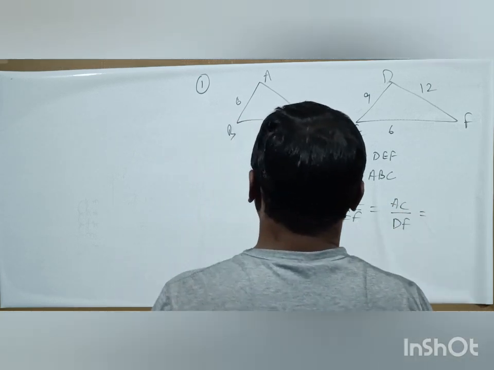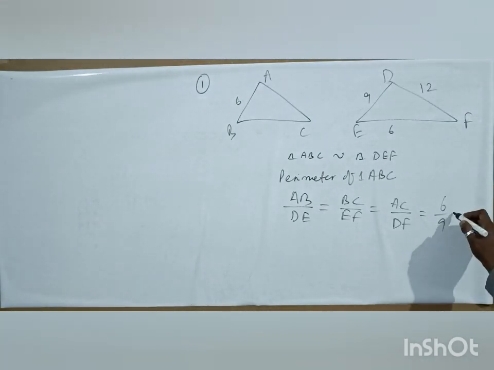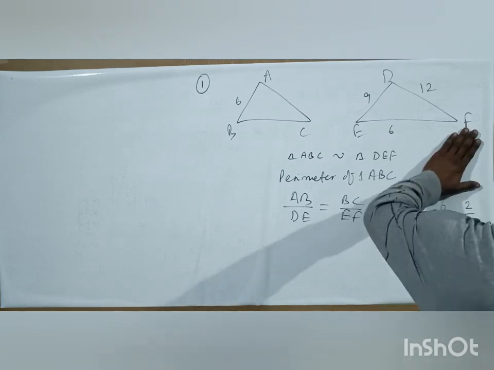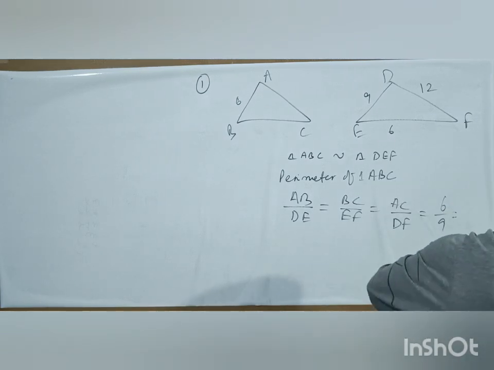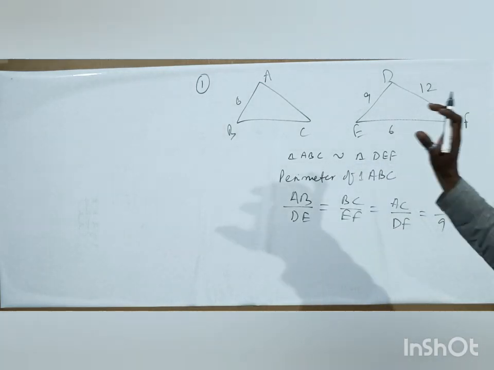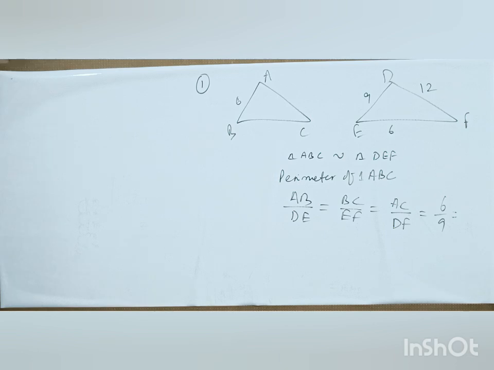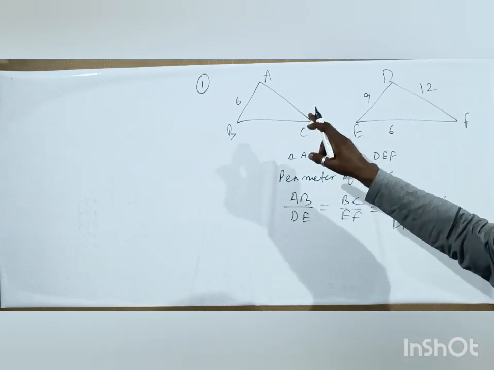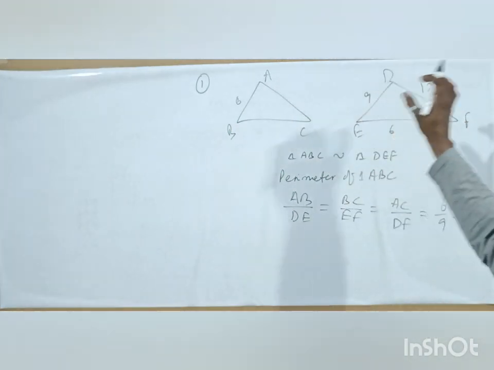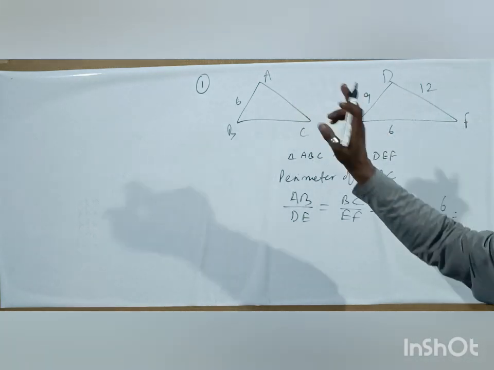AB by DE we know is 6 by 9. So what ratio is it? It is in the ratio 2:3. So every side has a common ratio 2:3. DF and AC are in the ratio 2:3. It means if DF is 12, what will be the AC?